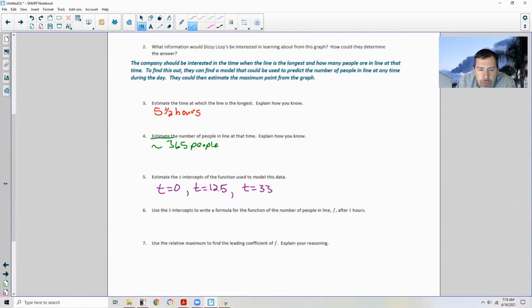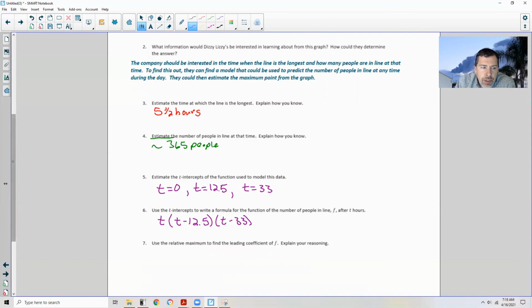Well, if t equals 0, then t is a factor. If t equals 12.5, then t minus 12.5 is a factor. If t equals 33, then t minus 33 is a factor. Okay, so we're going to use those 3 values.